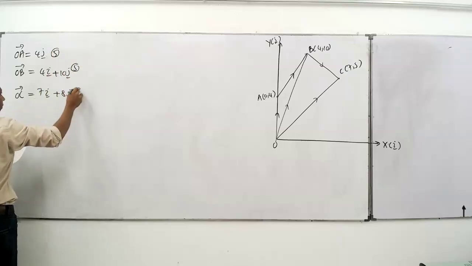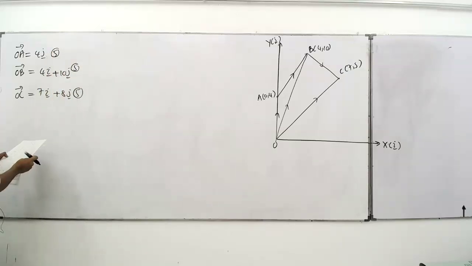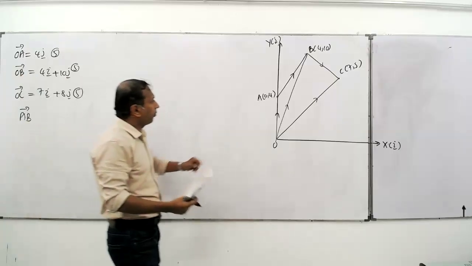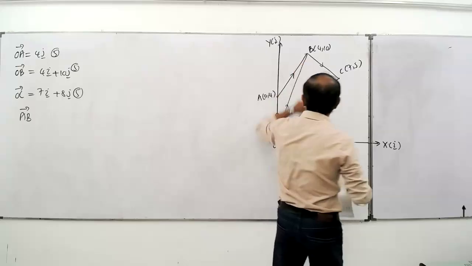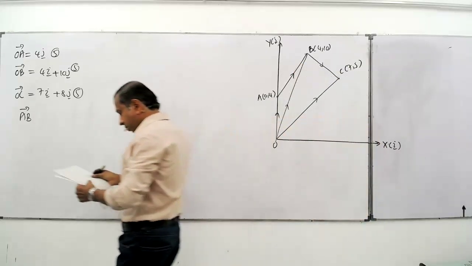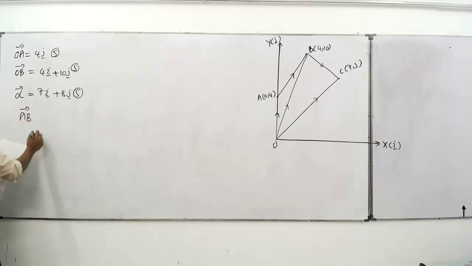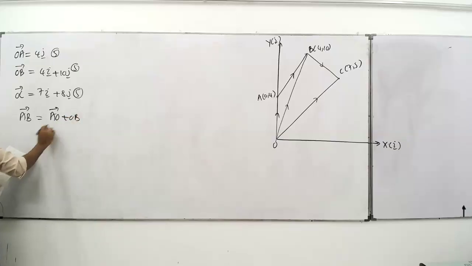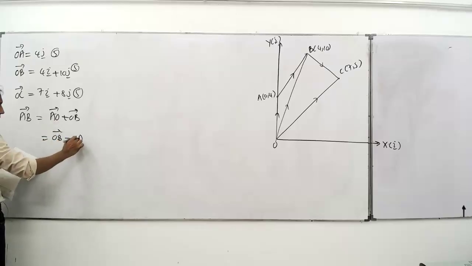So we can now write the AB vector. How do we write the AB vector? AB is AO plus OB. You can write OB first and interchange the order, with a minus sign we get OA.